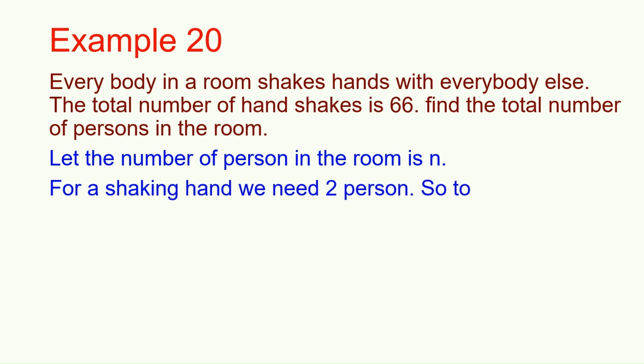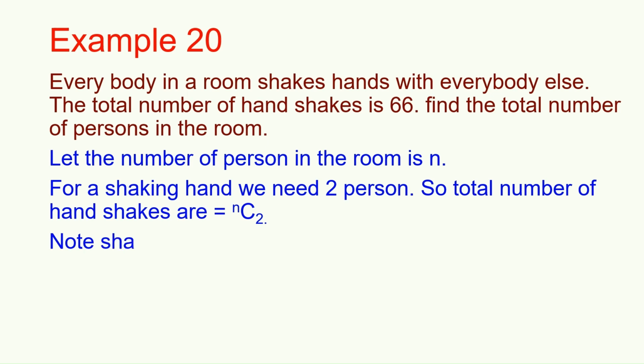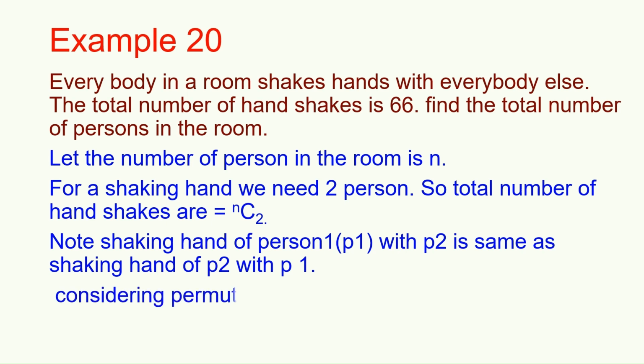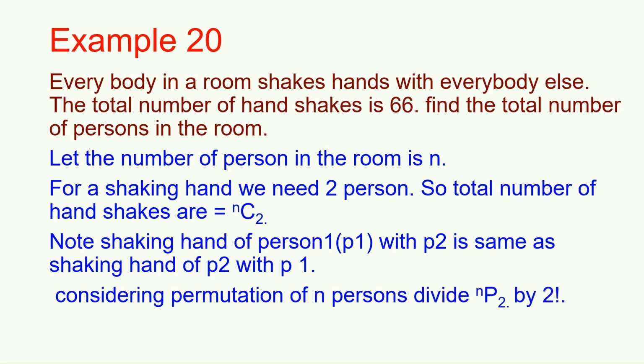For a handshake, we need 2 persons. So the total number of handshakes equals nC2. Note: shaking hands of person 1, P1, with P2 is the same as shaking hands of P2 with P1. Considering permutation of n persons, divide nP2 by 2 factorial.